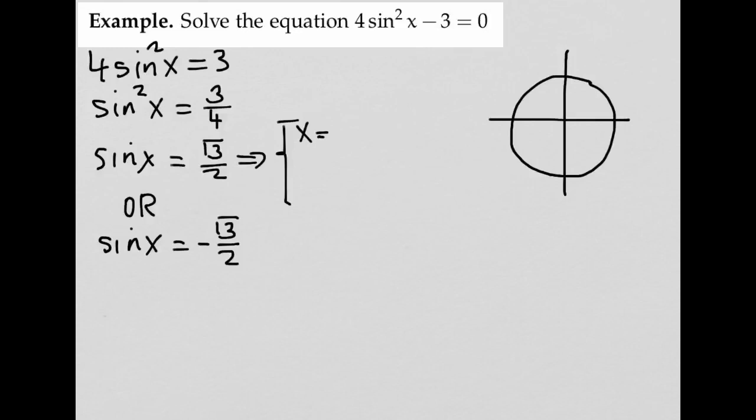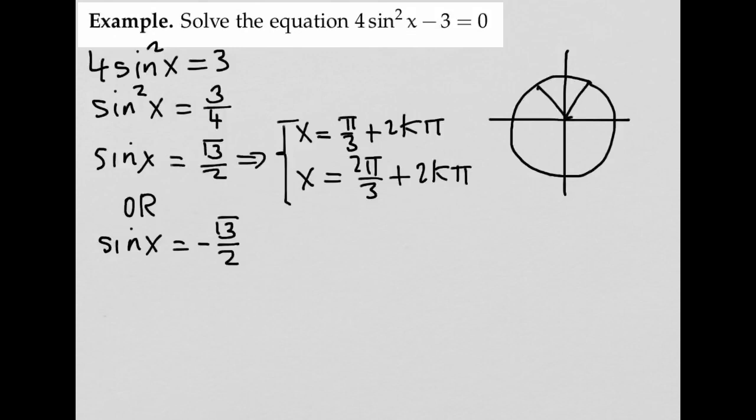X equals pi over 3 plus 2k pi, or x equals 2 pi over 3 plus 2k pi. Of course, k is an integer. Pi over 3 and 2 pi over 3.